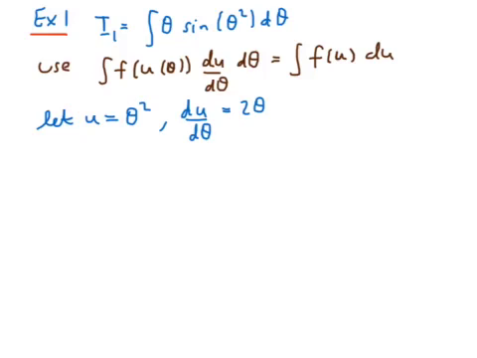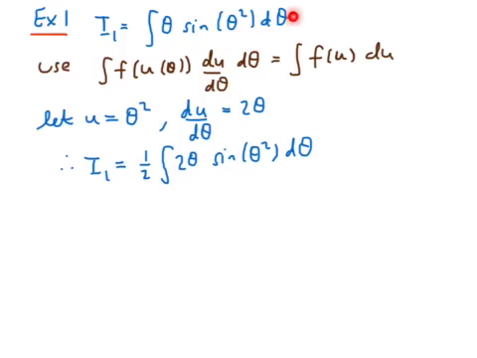Now if we look at our integrand, we don't have 2 theta here, we just have theta. But we can always write our integral I1 as a half, it's just a number so I can take it through the integral, times 2 theta times the sine of theta squared integrated with respect to theta. So when I look at this, I see that I can write it in this way.